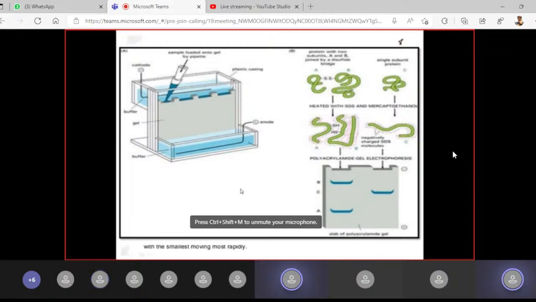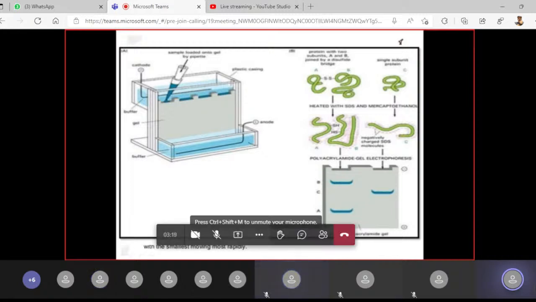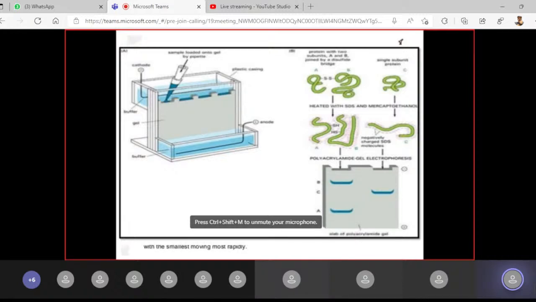So since 2 subunits are of the same size, it cannot distinguish between the subunits which are of the same size and molecular weight. So you can determine the subunits given that the subunits are of different molecular weight. So it shows that hemoglobin will show only 2 bands because 2 subunits have the same molecular weight and the other 2 subunits have the same molecular weight.